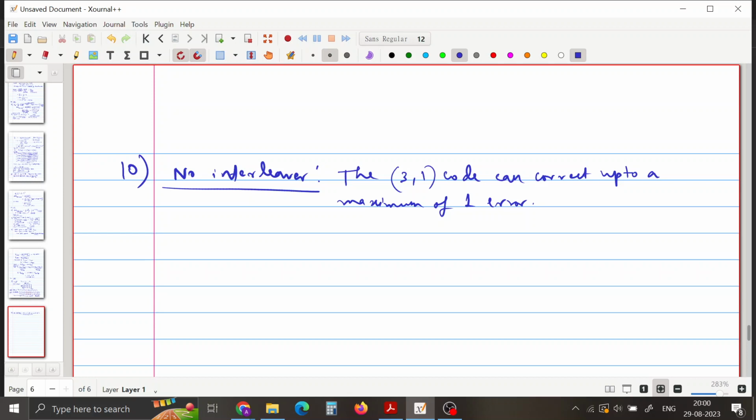T is the number of errors that it can correct. Of course, if there are 2 errors in the sequence, it won't be able to correct. So 2 adjacent errors, or I should say, 2 consecutive errors, or any 2 errors as a matter of fact, it cannot correct.